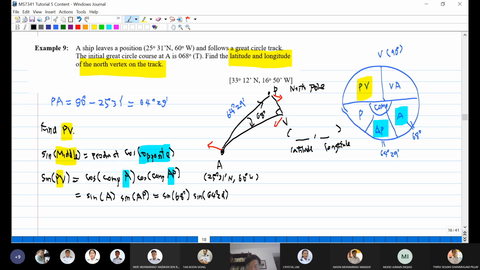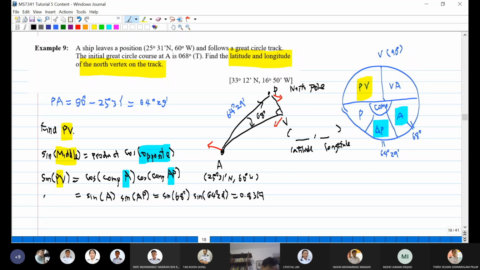Okay, so the calculator. Multiply out and see what happens. Sine 68 degrees here, I must make sure the calculator is in degree mode. Sine 68, sine 64 29. So you get 0.8367.